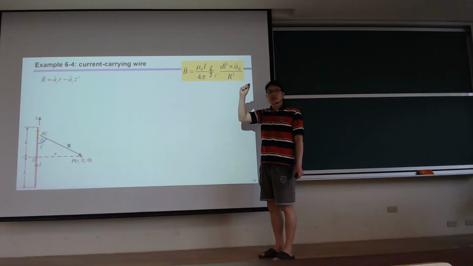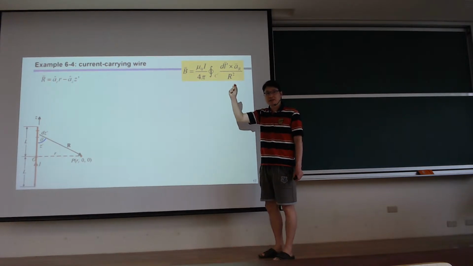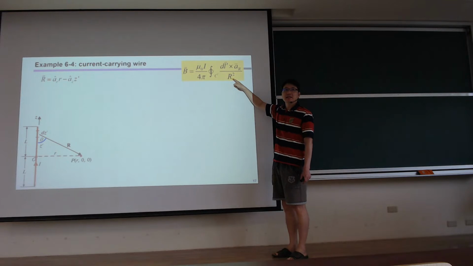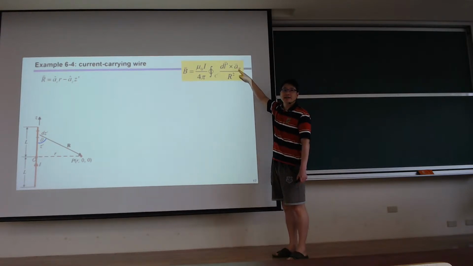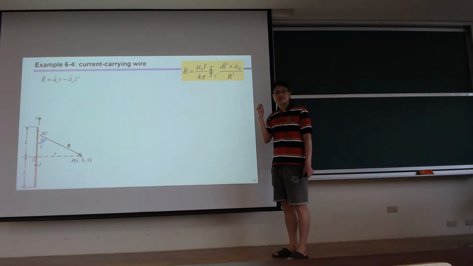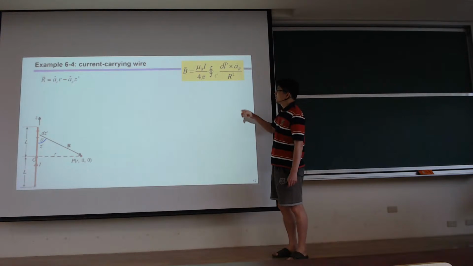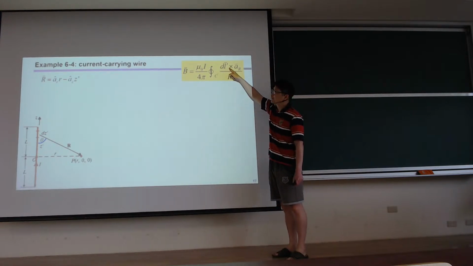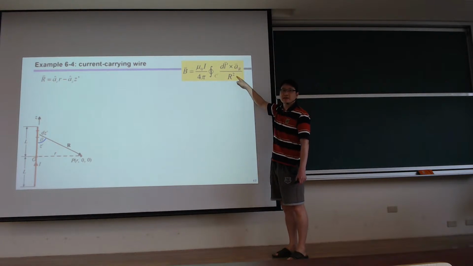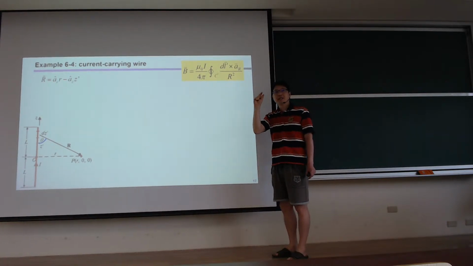For each differential length, that piece of segment has a corresponding distance, capitalized R. And for each distance, we have to have a defined unit vector in terms of the distance vector. So all we have to do is find the proper expression for the differential length, the unit vector, and the distance for each piece of the current segment.